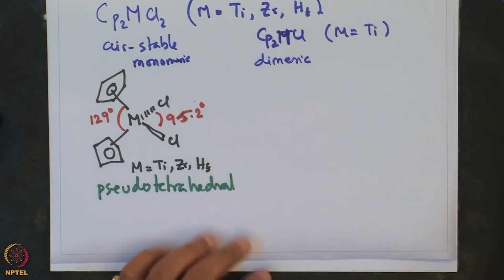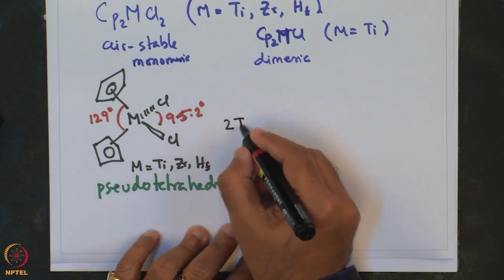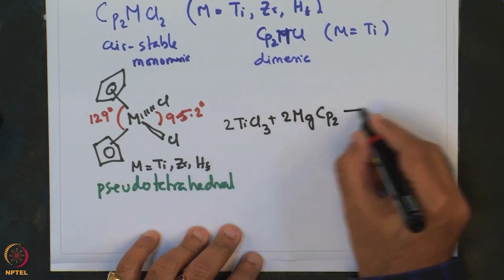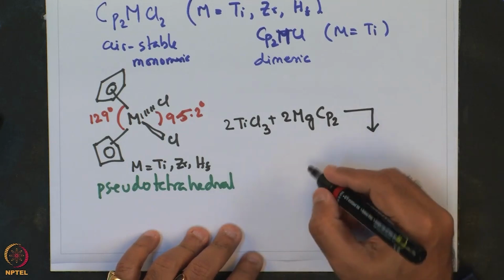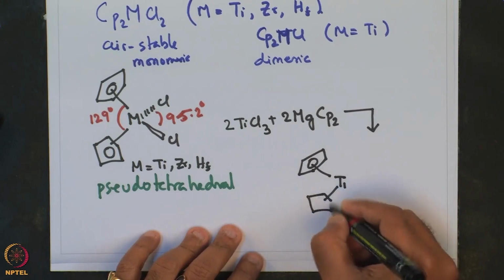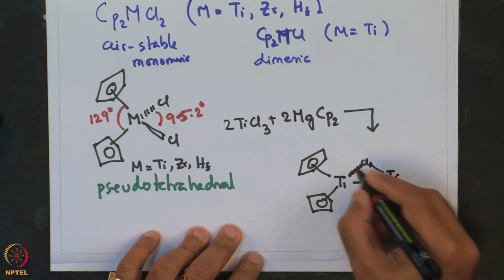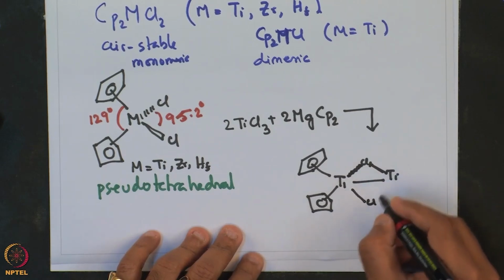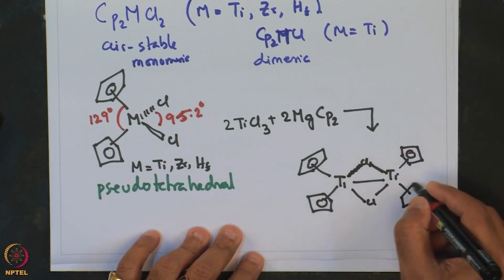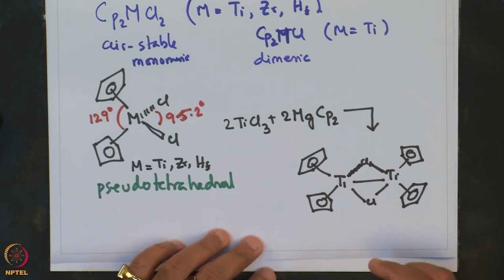Through the synthesis first, this compound is prepared by the reaction of 2 TiCl3 plus 2 magnesium Cp2, giving the dimer, and that has a bridging chloride.